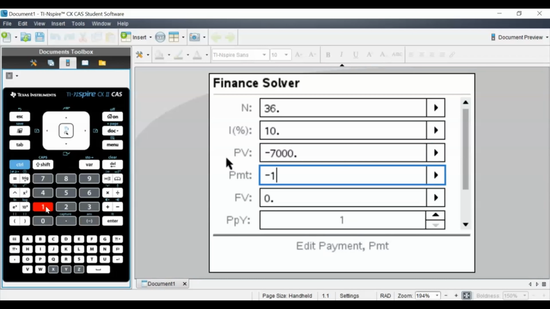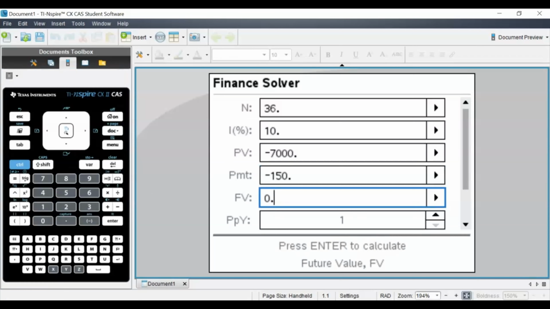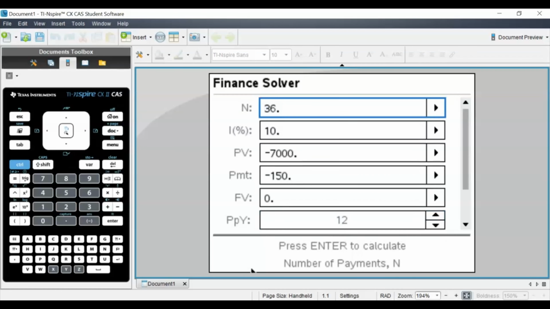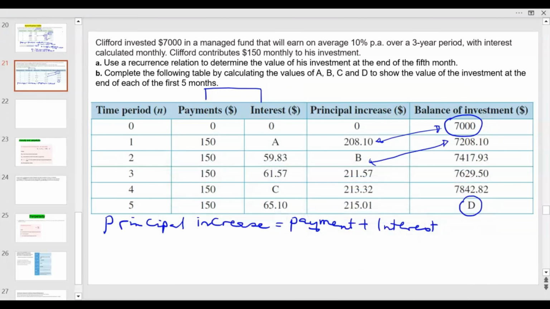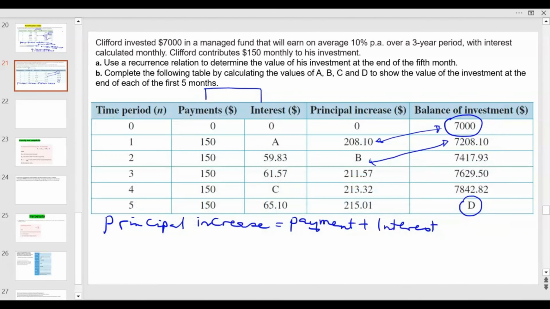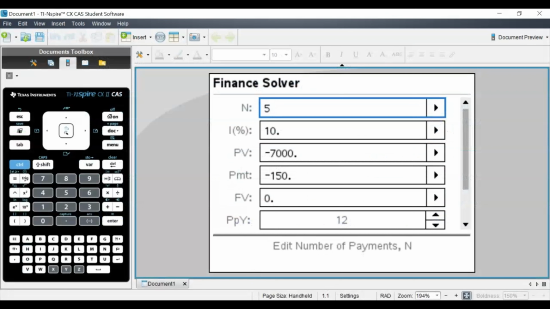When you use recurrence, that is going to be the future value, so the payment. Because they want to find out the value of the investment after 5 months, we are going to make the end value 5. Put the cursor there to find out the value of the investment after 5 months.